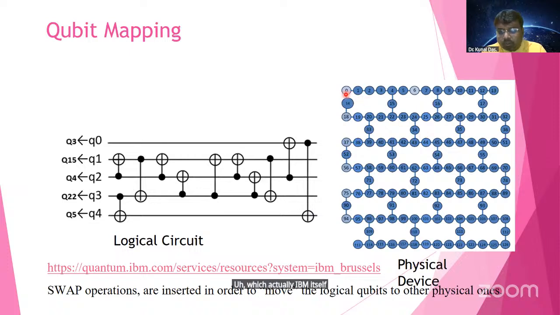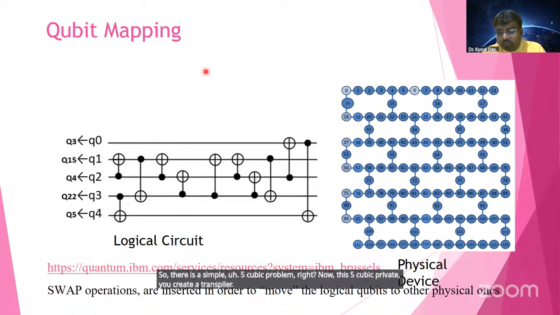Okay, once you generate a transpiler circuit for a given problem, I've given a simple logical problem, one simple problem. So there is a simple 5-qubit problem, right? Now for this 5-qubit problem, you create a transpiler.